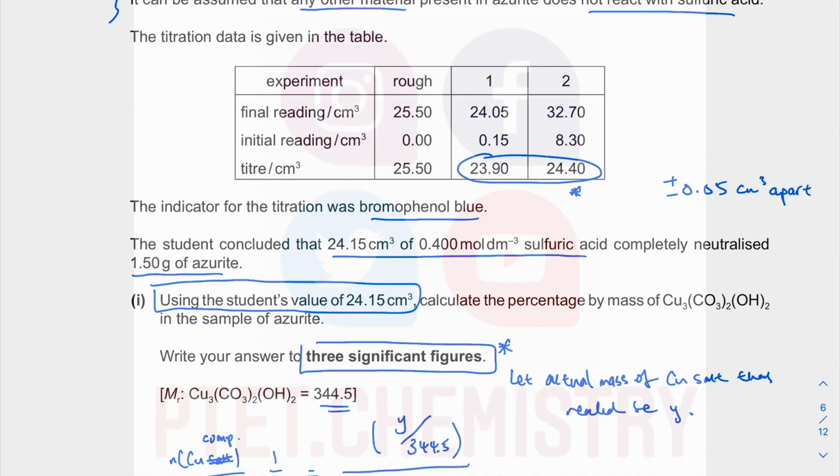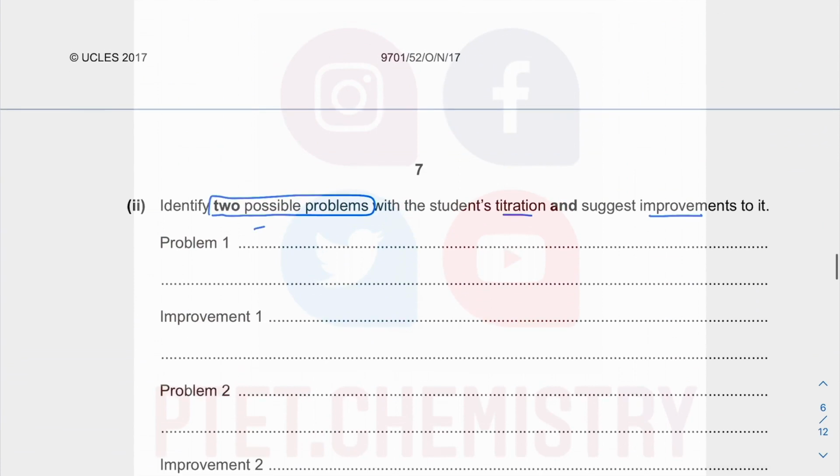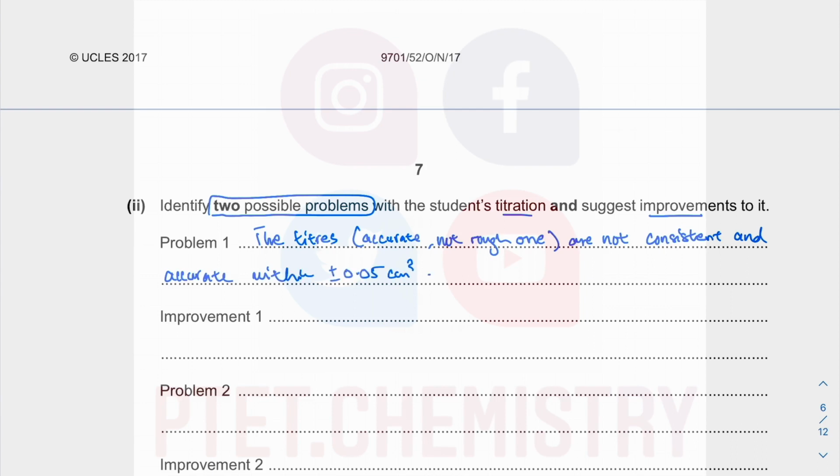Okay, so the titers, well, at least the accurate one, not the rough one, are not consistent and accurate within plus minus 0.05 cm cube. So all you could do is repeat the titration until consistent reading or consistent titer.